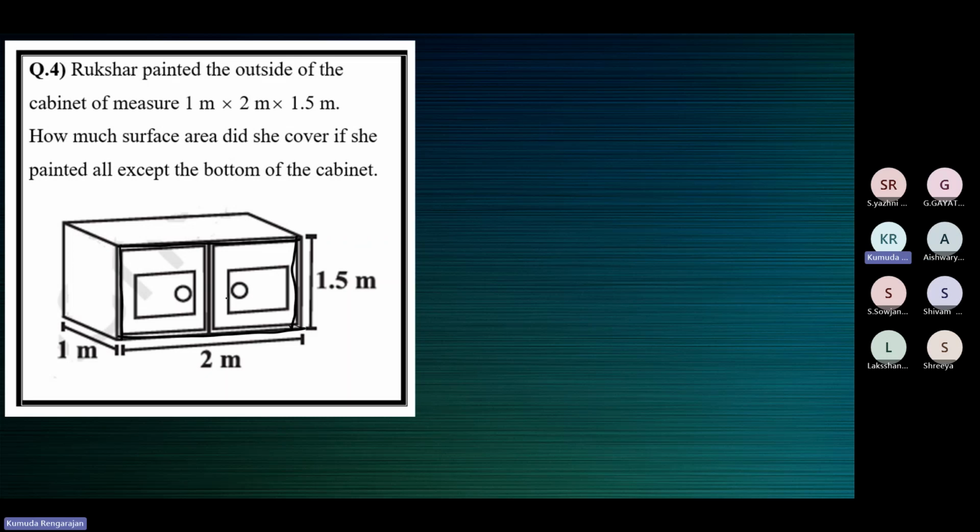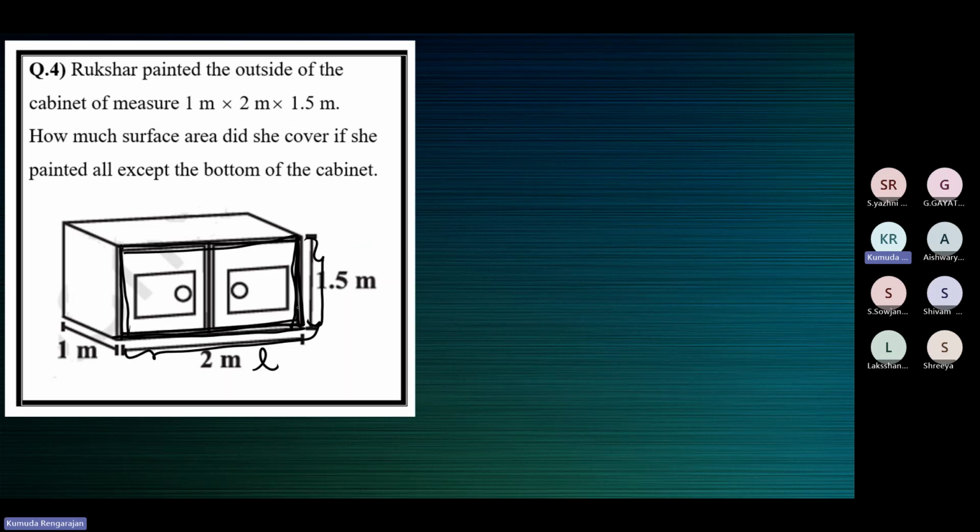Correct. L into H, because for this rectangular face, this one means the length of the box, and this one, which is the breadth of the rectangle, is nothing but the height of the box. This one is the breadth of the rectangle, but what is it for the box? It's the height of the box.